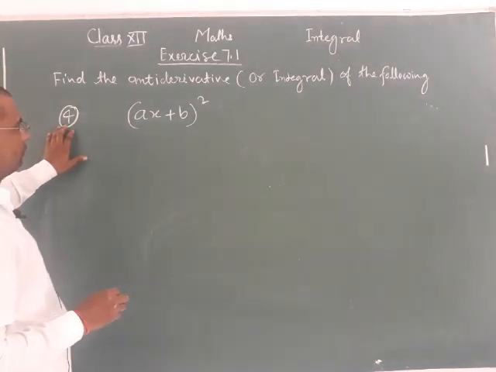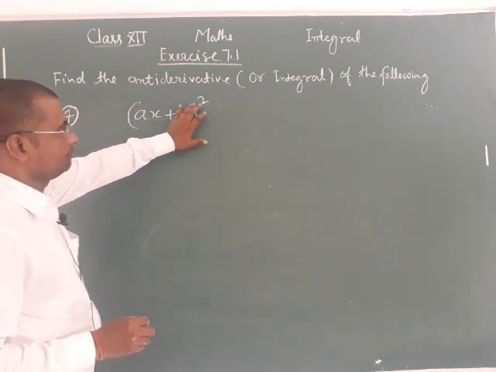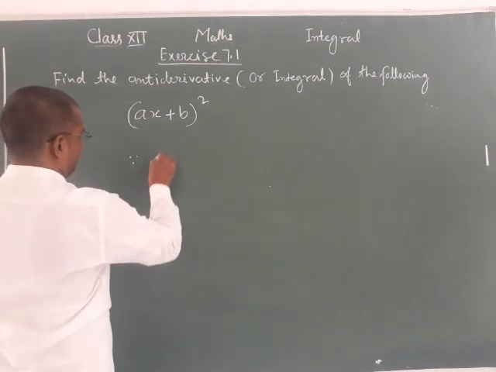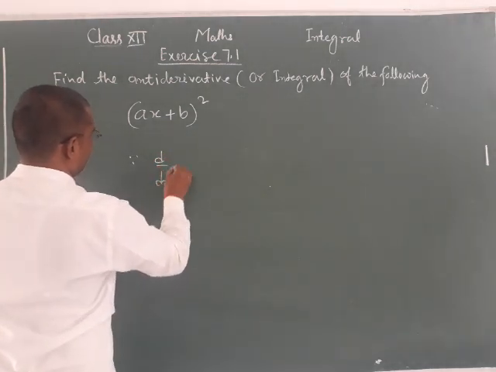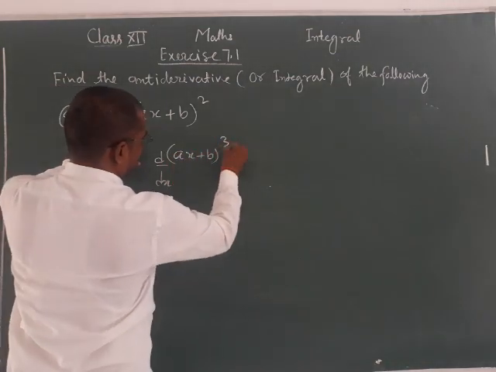Question number 4, find the antiderivative of (ax plus b) to the power 2. So consider d upon dx (ax plus b) to the power 3.